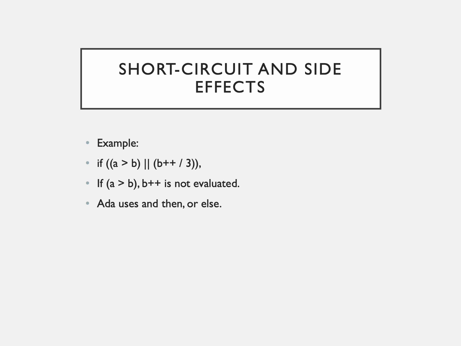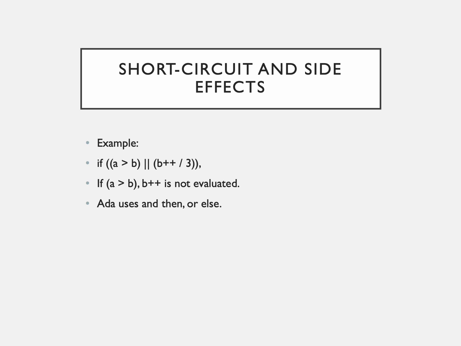What's happening here is that the first condition is true. If the first condition is true, the second expression, b plus plus divided by 3, is never evaluated. That means the b plus plus side effect does not happen. This is the essence of short circuiting. We avoid evaluating the second part of an OR condition if the first part is already true.